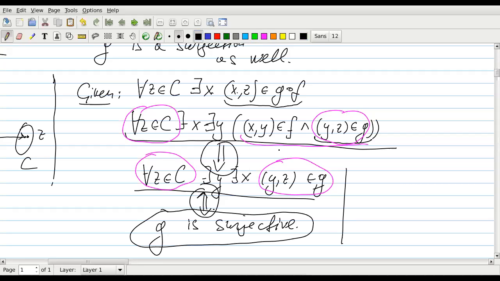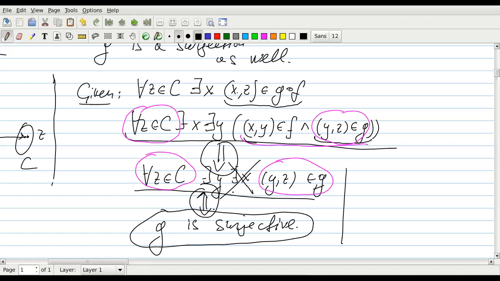But this statement does not depend on x, so I can just cancel this quantifier over x out, as it means nothing here. Is it clear?